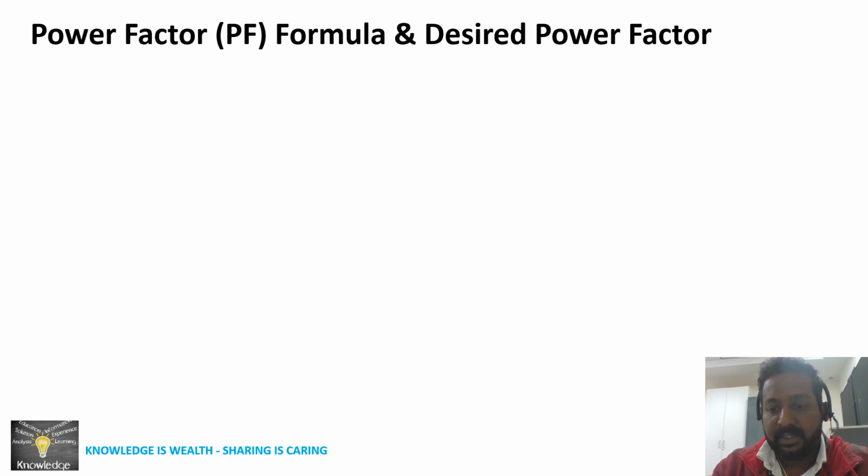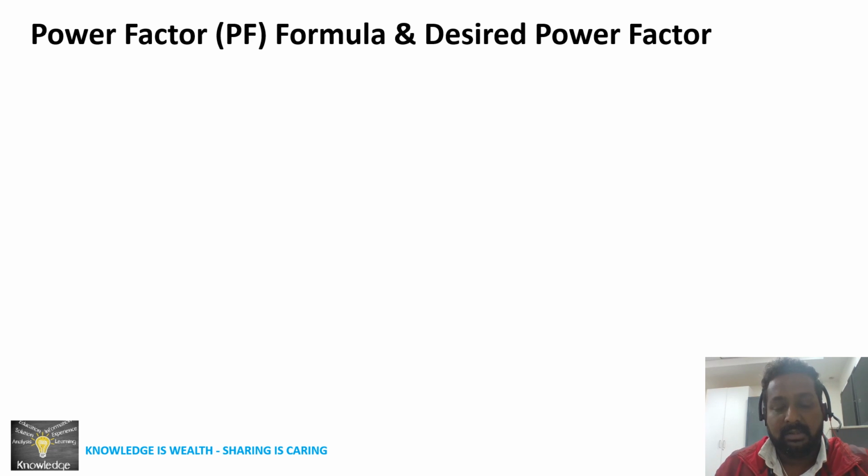We have touched base with power factor and the different types of power factor: lagging, leading, unity, and zero power factor, as well as we discussed our building loads, what kinds of loads we have in our building.